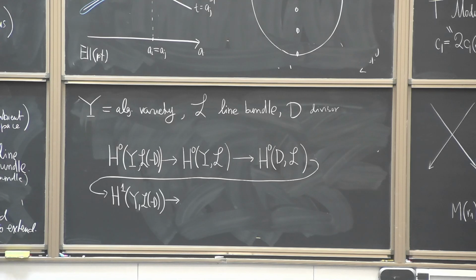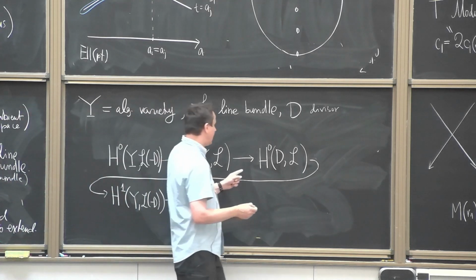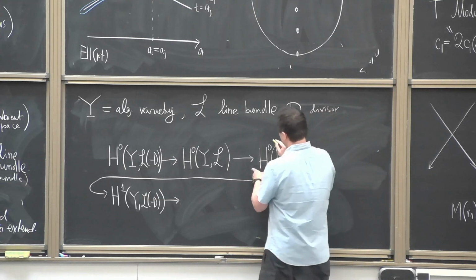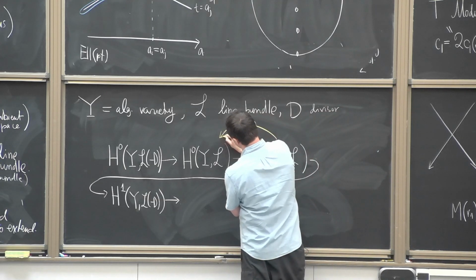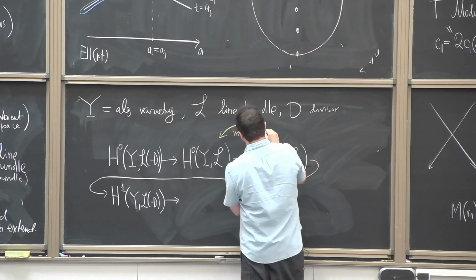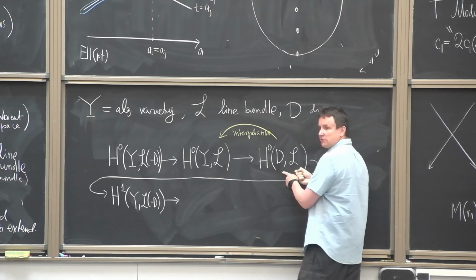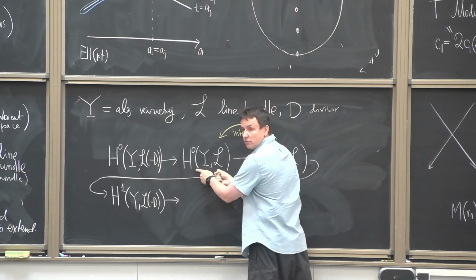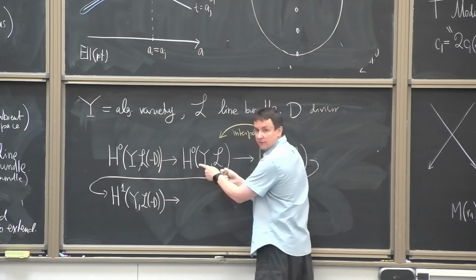Now, what does interpolation problem mean? Interpolation problem is reversing this arrow. You have a section defined on the divisor, and you would like to lift it to a section defined on the whole variety.